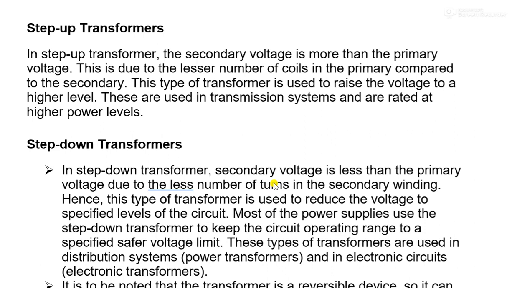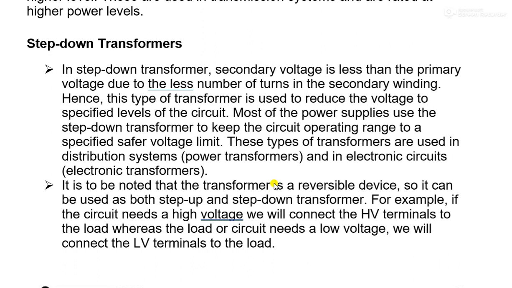This is due to the lesser number of turns in the primary compared to the secondary. This type of transformer is used to raise the voltage to a higher level. These are used in transmission systems and are rated at high power level.